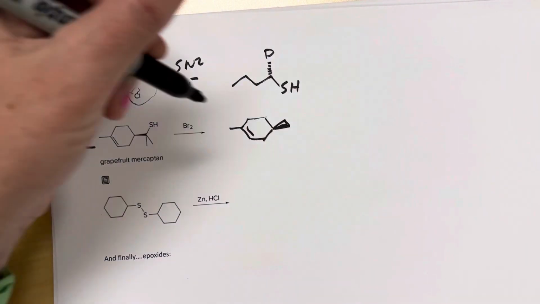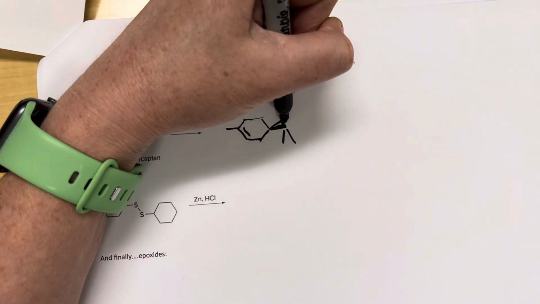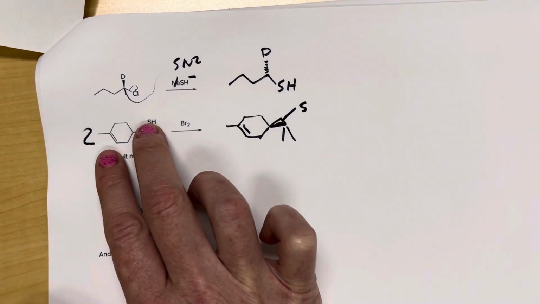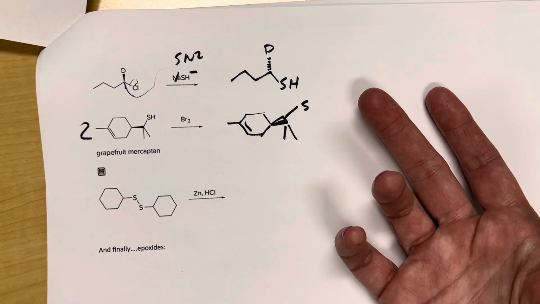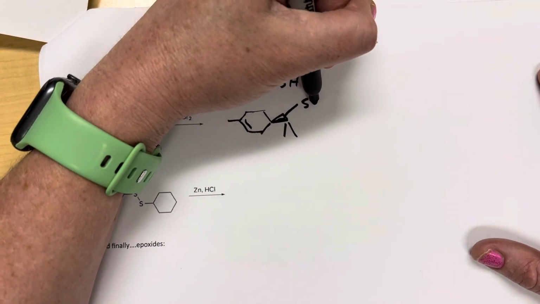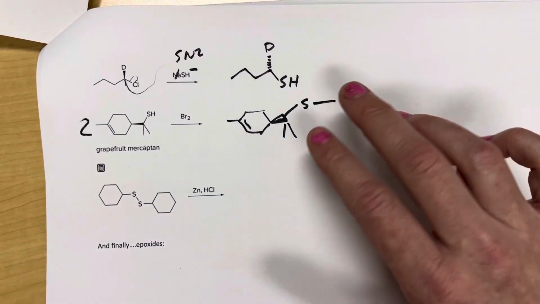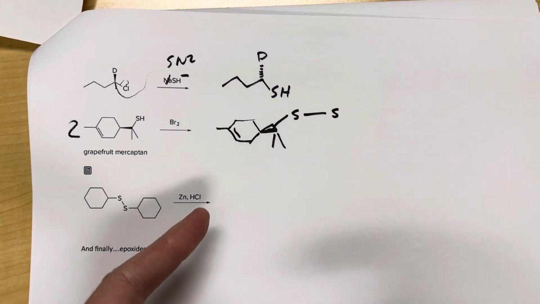So first, you'd get that. You would have the S, and then you take the same thing, and just imagine if I'd flipped it around. The only interesting part is that you flipped it around, but when you flipped it around, it also had a backside attack.